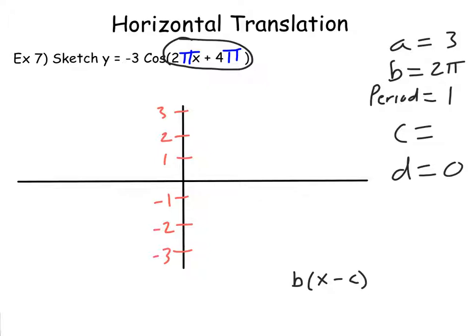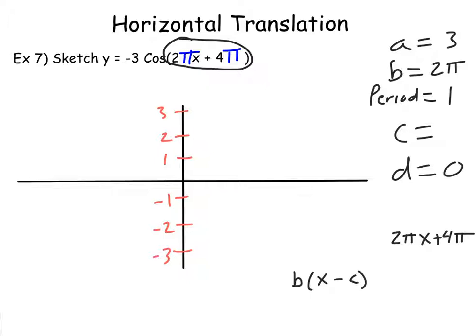So here's the case that we have: 2 pi x plus 4 pi. Now, if you were to just look at that, remember how it does the opposite. So we see that C would be negative 4 pi.